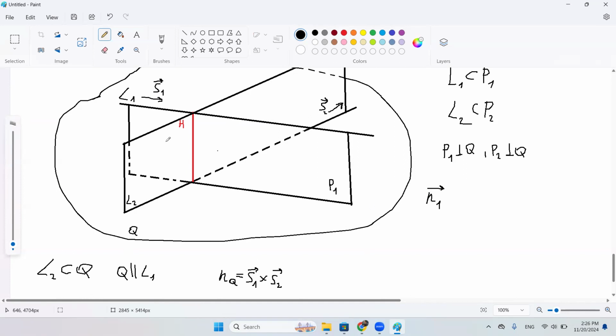We know direction vectors of L1 and L2, and we know the normal vector of the plane Q. So how to find the normal vector of P1?